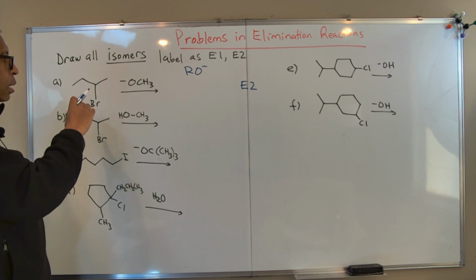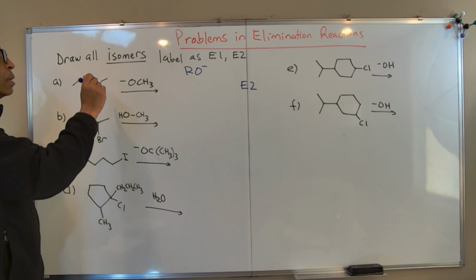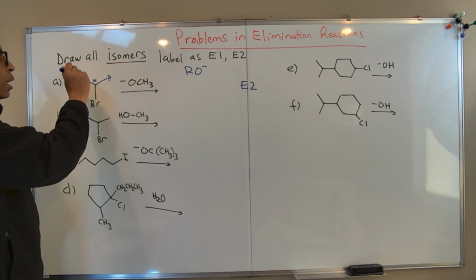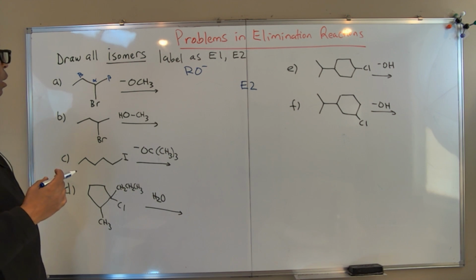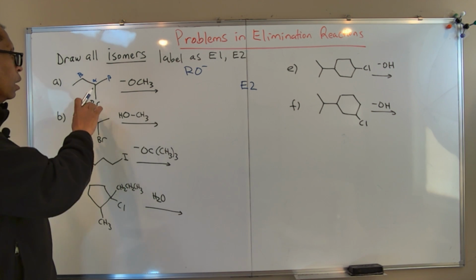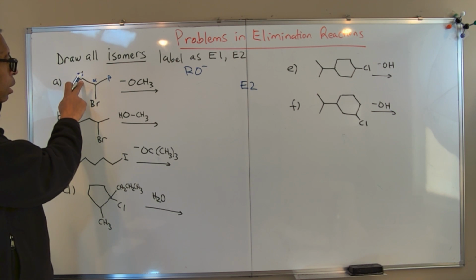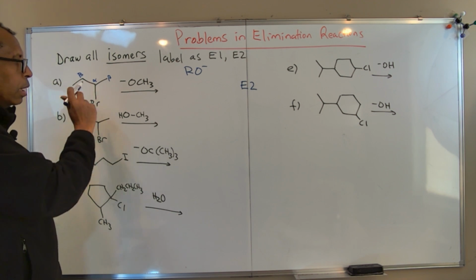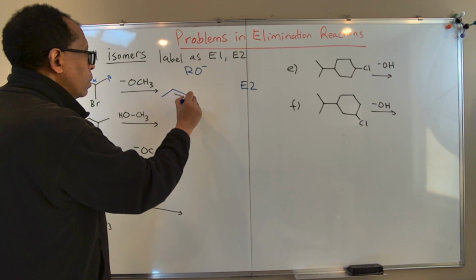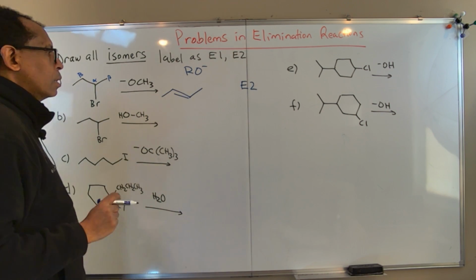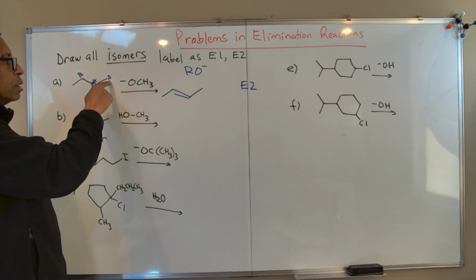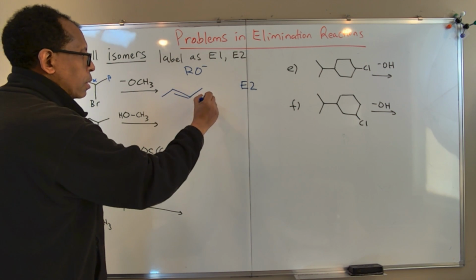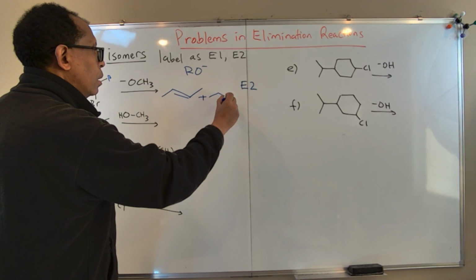And the products are, this is the alpha carbon, this is one beta carbon, and here is another beta carbon. So you would get two isomeric compounds as products. Eliminating one of these beta hydrogens would give you this isomer, and eliminating from the other beta carbon would give you the following product.